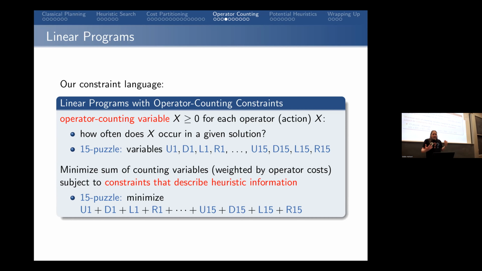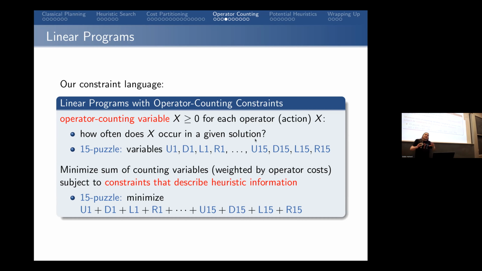So for each of these actions, operators, I'm introducing a variable x, and that variable counts how often in some solution I'm thinking about I'm applying this action. So if this variable is 5, it means I'm thinking of a solution where I'm applying this action 5 times. So how often does this action occur in a given solution?